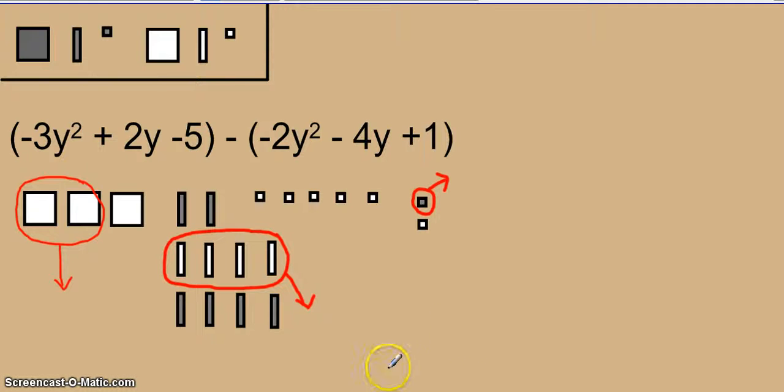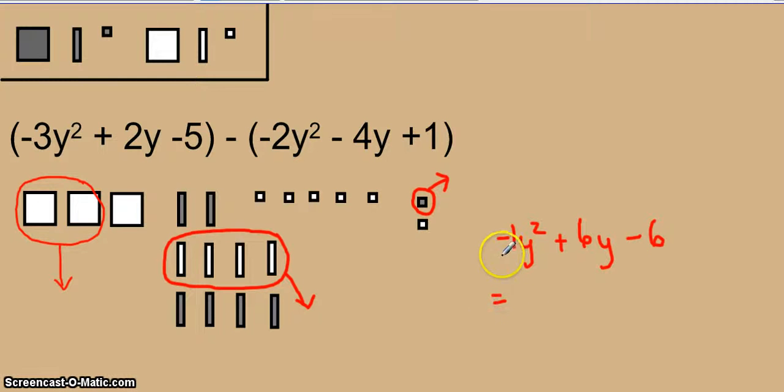Our final step is just to write the simplified polynomial. So we have one negative y squared tile. We have 1, 2, 3, 4, 5, 6 positive y tiles. And we have 1, 2, 3, 4, 5, 6 negative unit tiles.